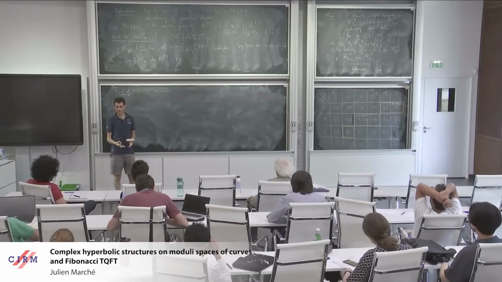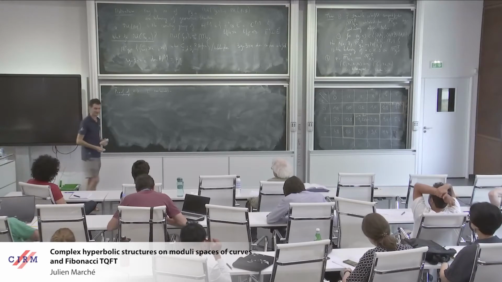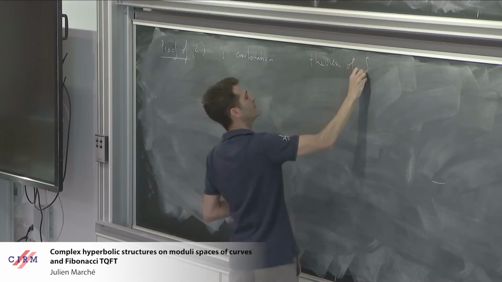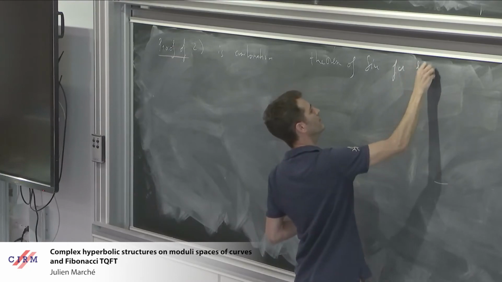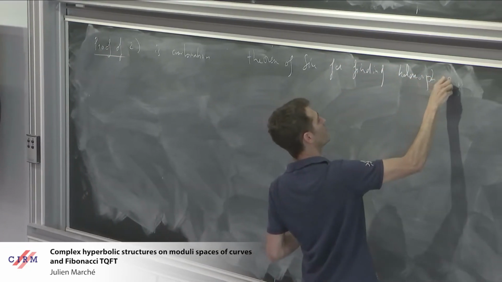One is very well known and is really the specialty of Bertrand, so don't ask me more questions. It's a theorem of Hsu for finding holomorphic equivariant maps.